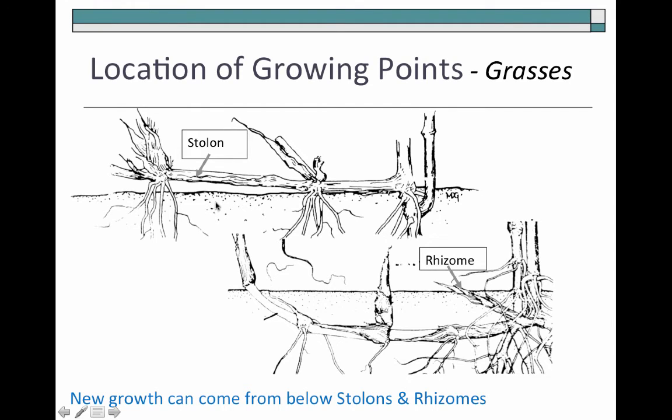Stoloniferous plants are a little more at risk for major disturbances such as grazing or mowing or some sort of disaster, just because the plant tissue that it reproduces from, the stolon, is above ground. So it has the ability to actually be consumed, or it's not very protected. Whereas the rhizomatic grasses tend to be a little more established, because they are going to reproduce from these runners that are going to be sent out underneath the soil.